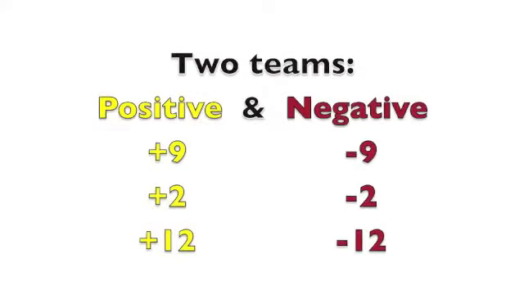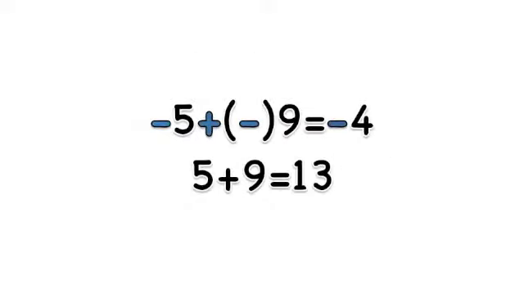Unlike multiplying and dividing integers, adding integers is very confusing. Because it is so confusing, we will take integers and divide them into two teams, positive and negative. When adding integers from the same team, the number will always be greater, up the number line. But then it gets difficult.